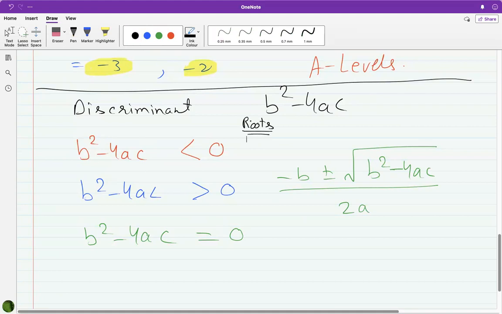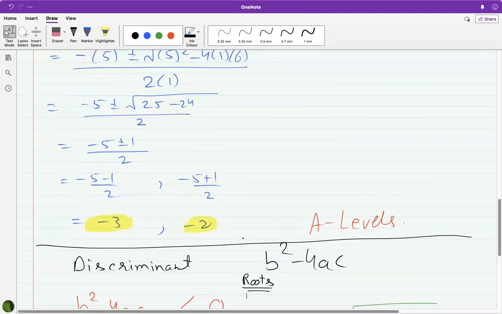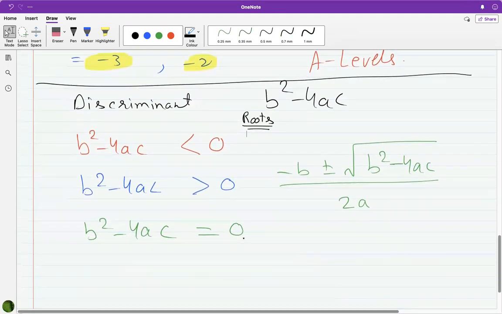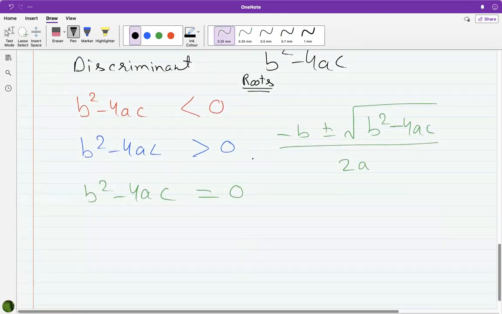Roots. We use the word roots in A levels for this. Minus 3 and minus 2 were the roots of this equation. Or we can say minus 3 and minus 2 were the solution of this equation, but the word will be used as root. When b square minus 4ac is less than 0, roots are not real.